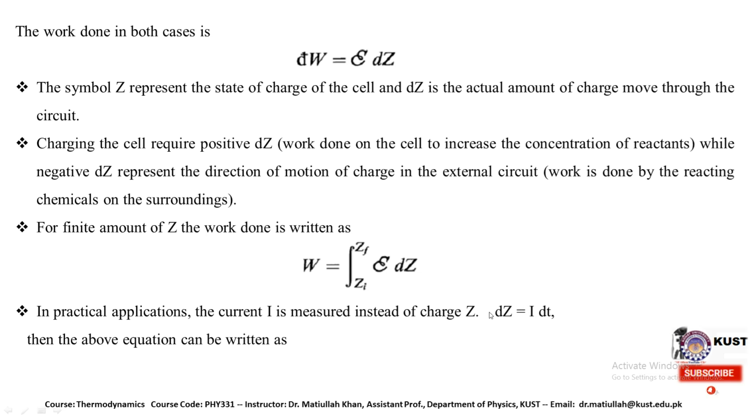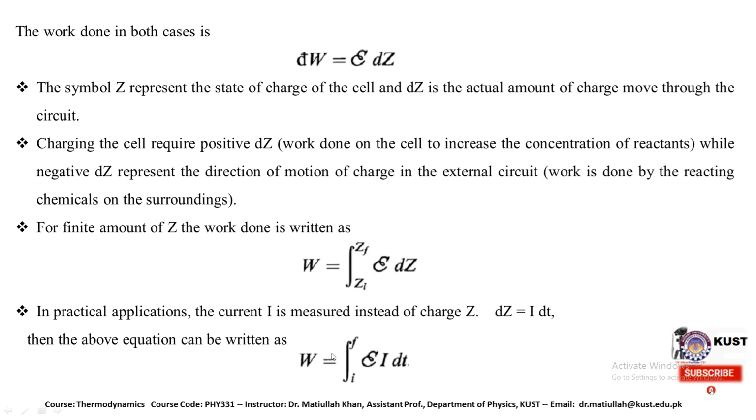We have done just a cross multiplication, and I is equal to dz divided by dt is converted into dz is equal to I dt. So we need to put the value of dz in this equation and modify it. Similarly we need to change the definite integral as well.